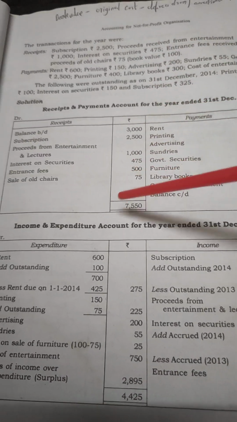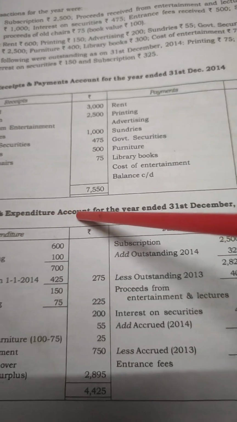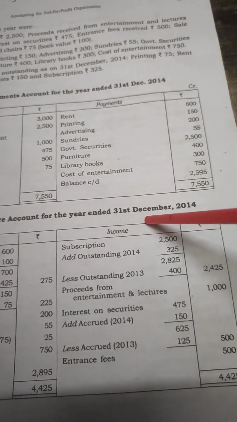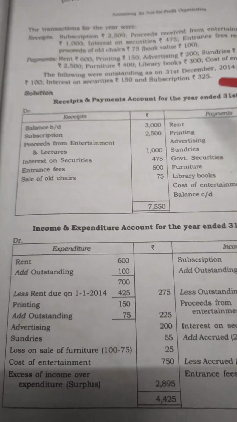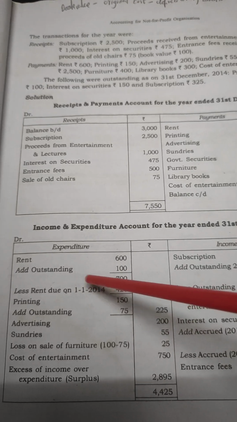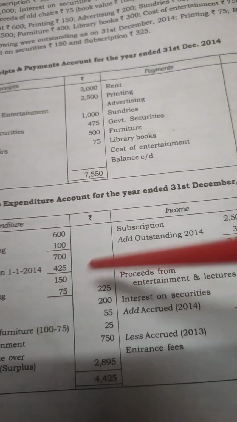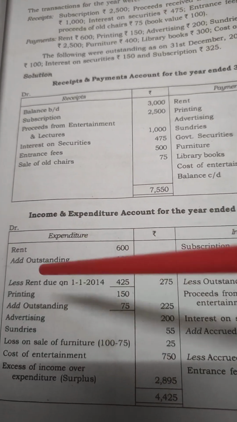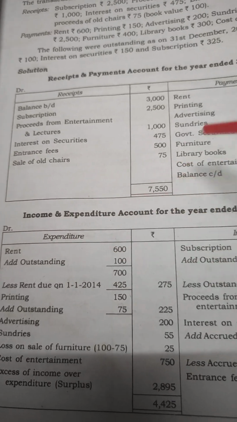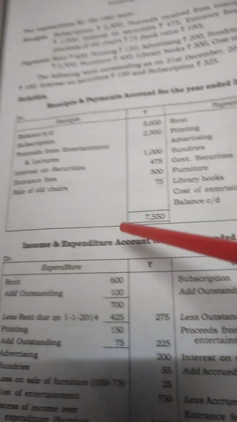The other account is the income and expenditure account. So we have to write the heading as income and expenditure account for the year ended 31st December 2014. Here draw the debit side, expenditure, and the credit side, income. Expenditure is also known as payments. So what are the payments? The first payment item will be rent.